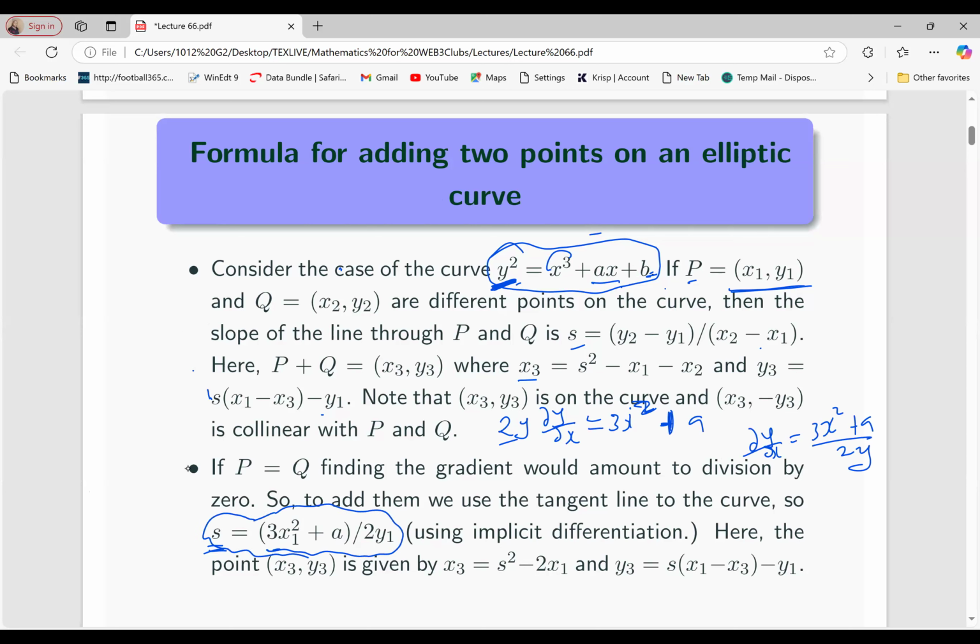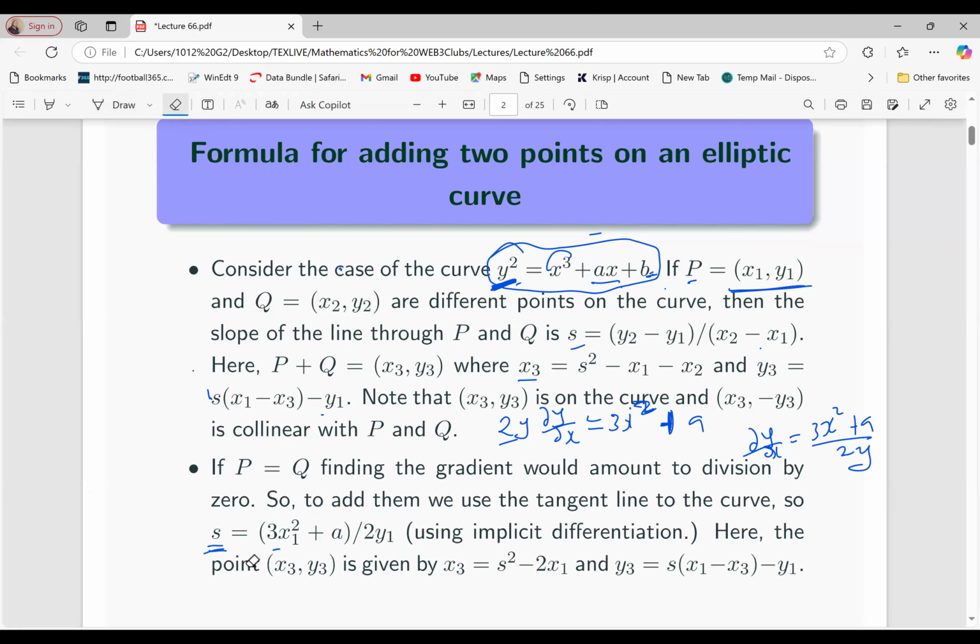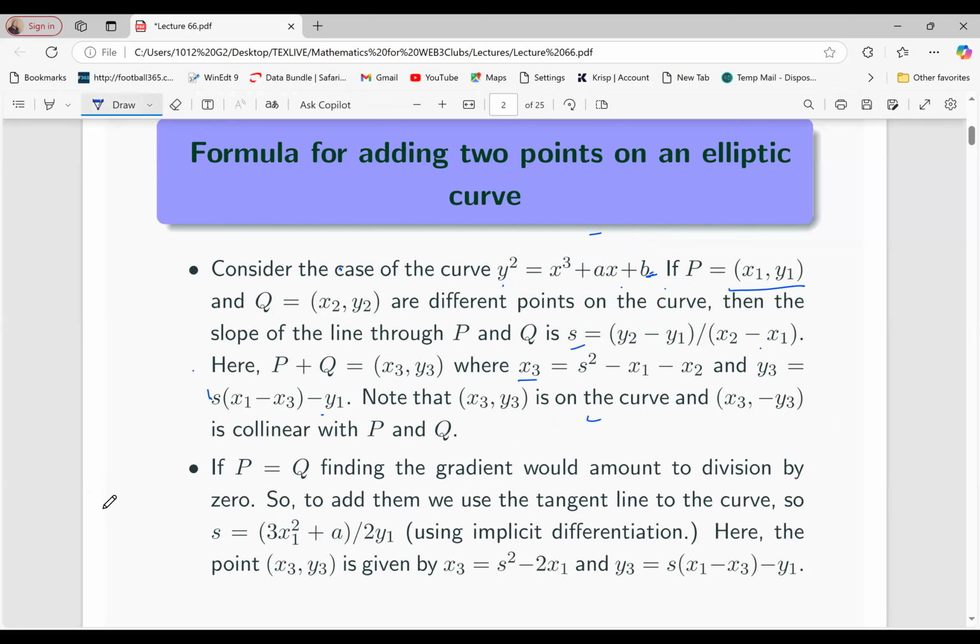When you are adding a point to itself, that is how we'll be getting the gradient, but not the earlier method in part 1 above. In the earlier method, the denominator will be 0, and so that will not be possible. Now we've obtained our gradient.